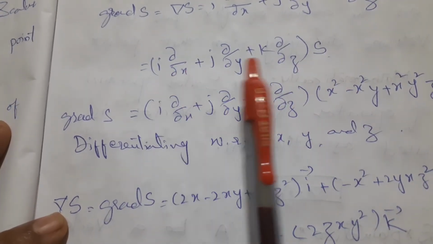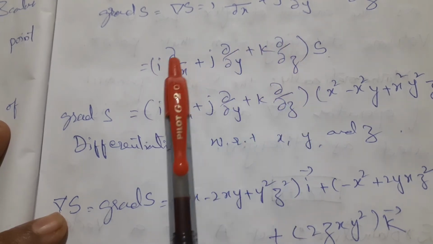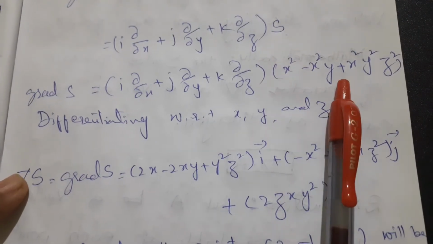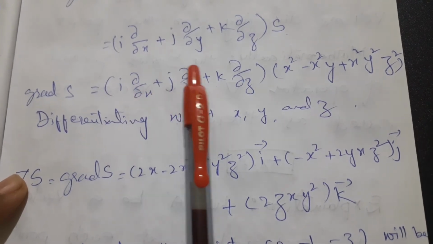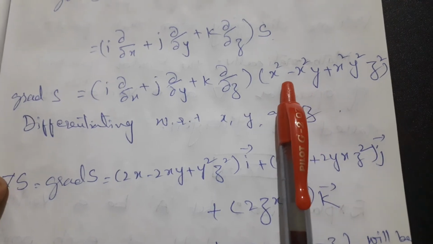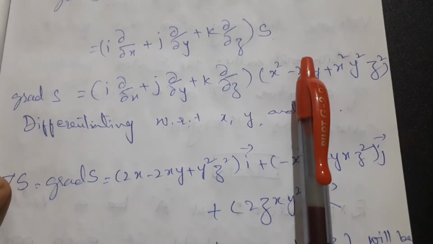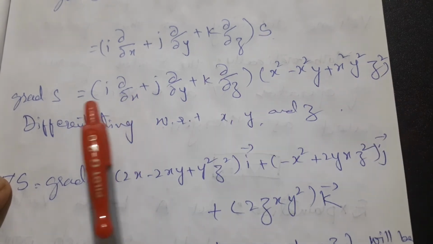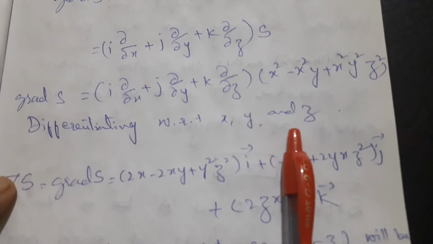That can be written by separating the del operator and s, and after that we substitute the value of s: i dou by dou x plus j dou by dou y plus k dou by dou z, applied to the s value given in the question, x square minus x square y plus x square y square z square. Next we have to differentiate with respect to x, y, z.